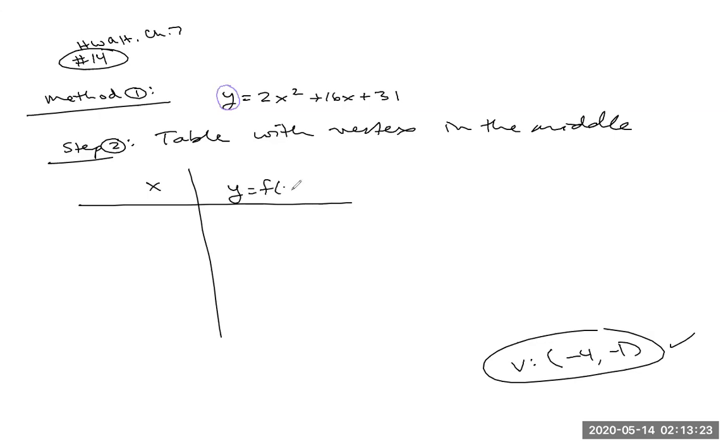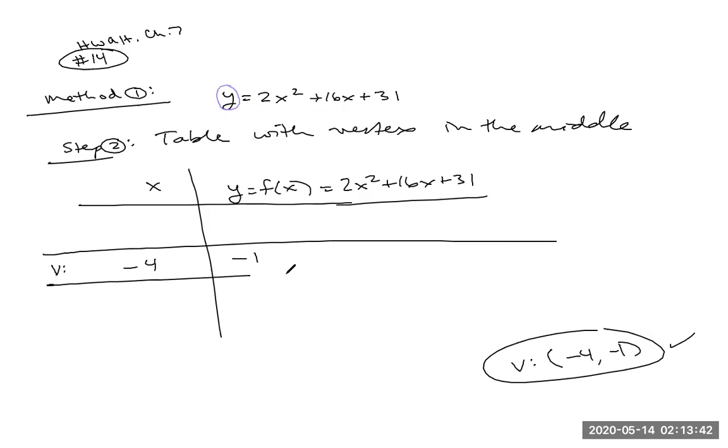Remember, y is equal to f of x, and that's equal to 2x squared plus 16x plus 31. So the vertex is right in the middle at (-4, -1). We're going to want 2 points on the left side of the vertex and 2 points on the right side of the vertex.